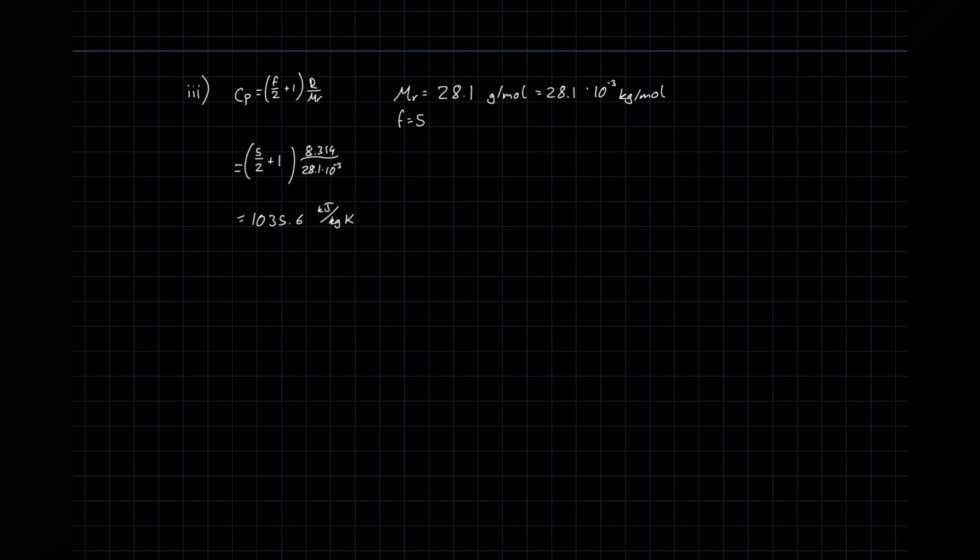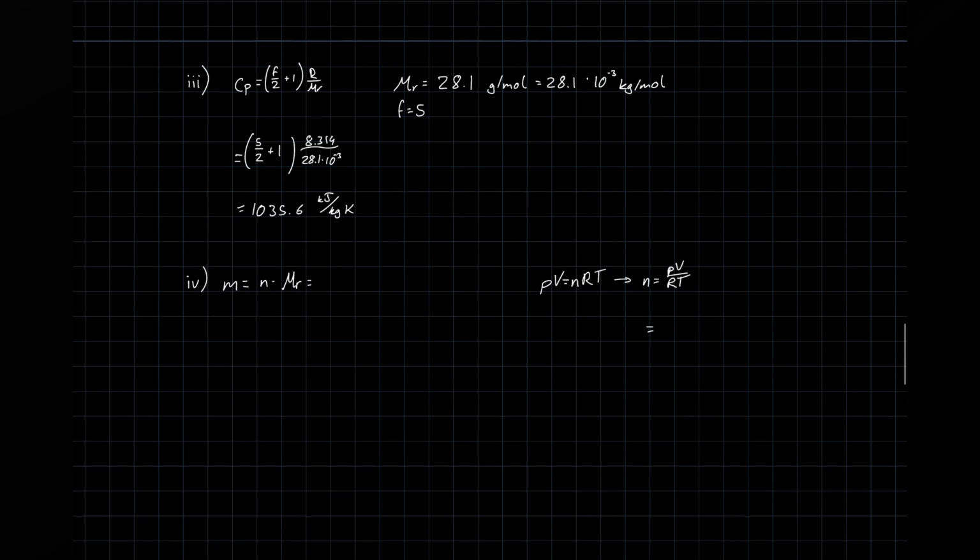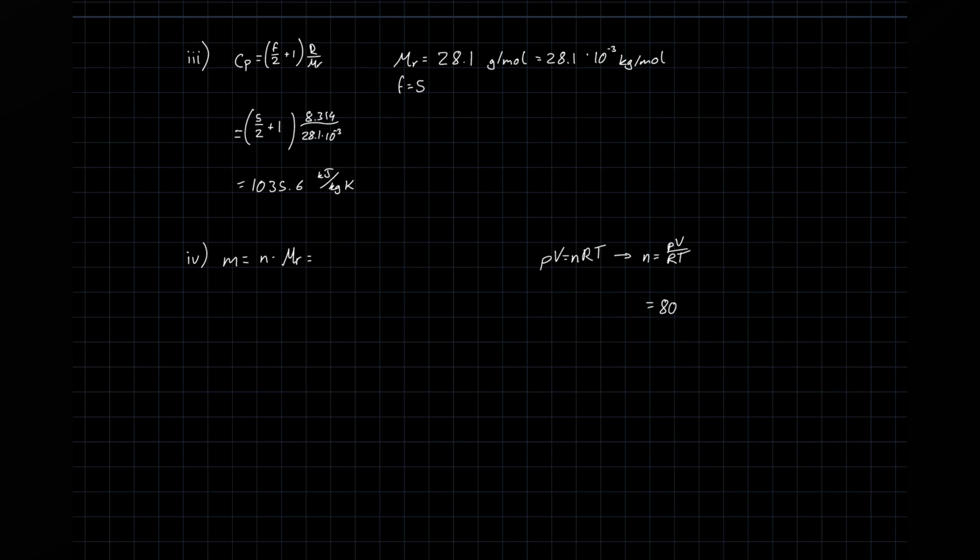Okay, now we need to actually figure out how much mass we have. So we know that m is equal to n times our molar mass. Okay, but what is n? Well, remember, PV equals nRT from our ideal gas law, which means that n is equal to PV over RT. So if we calculate n, we have 80.146 moles.